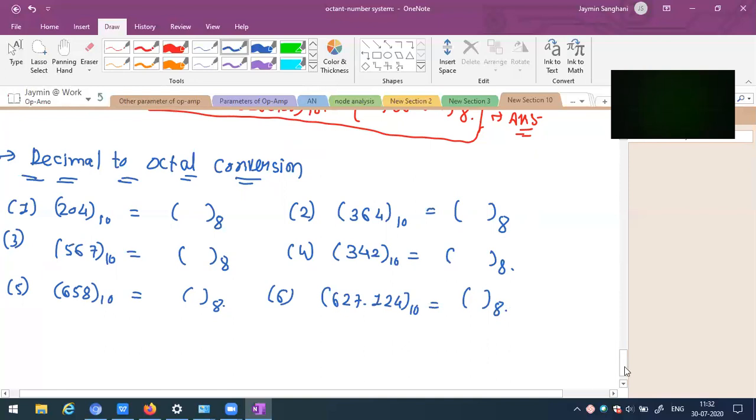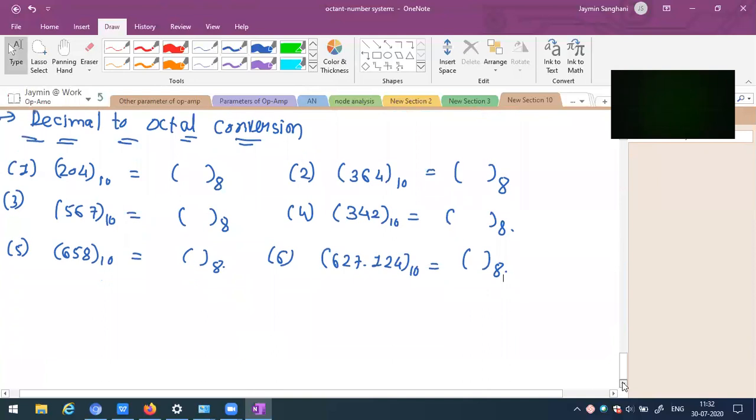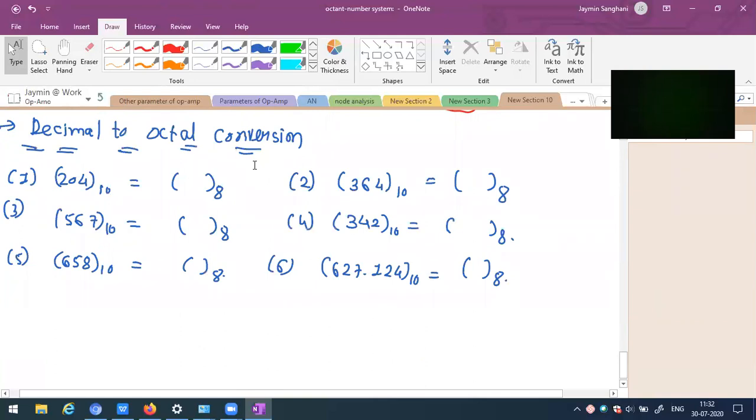See this point very carefully. So here we solve the 5 to 6 example related to that point.